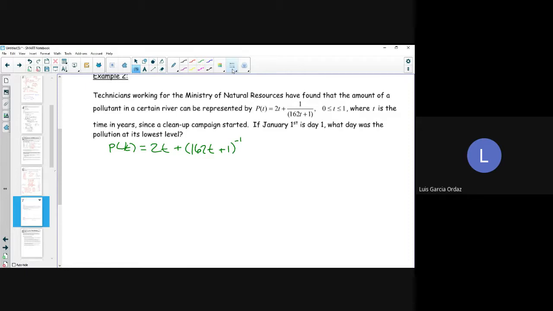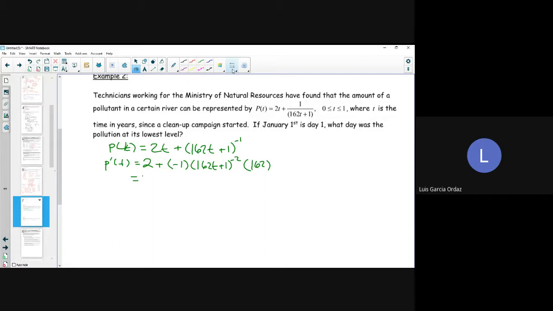Now I can just take my derivative. So I get P prime of T equals 2 plus, using the power of a function rule, negative 1 times 162T plus 1 to the negative 2 times the derivative of 162T plus 1, which is 162.